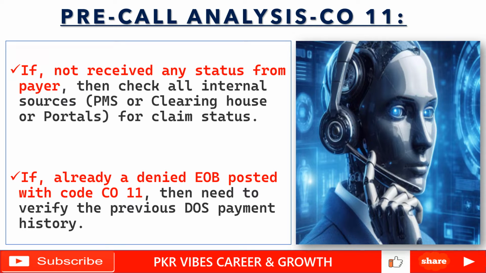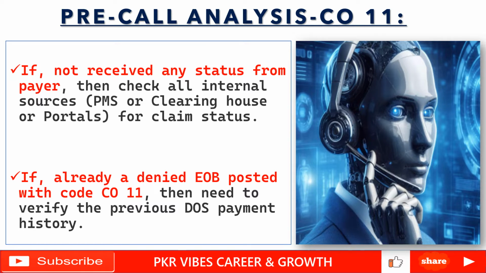If you don't find any information about the claim in your doctor software as well as the clearing houses, then if you have access, please check the insurance portals for the claim status. Unfortunately, if you don't find any information about the claim in the doctor's office, clearinghouse or portal, then you should call the insurance. These steps before calling are known as pre-call analysis for the CO11 denial.